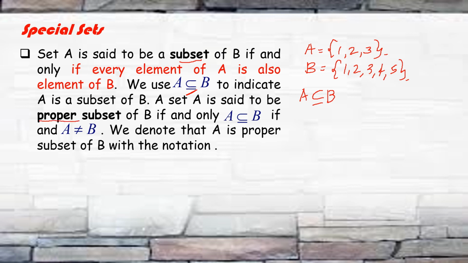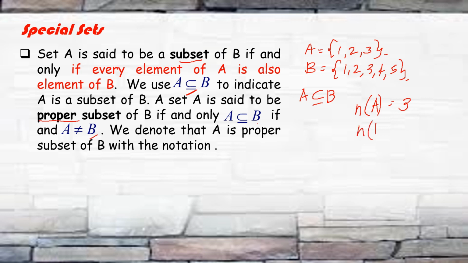A set A is said to be a proper subset of B if and only if it's a subset, of course, and A is not equal to B. We denote that A is a proper subset of B with the notation. So, kung mapapansin natin, ang bilang ng A, o cardinality of A, ay 3. So, the elements in set A is 3.